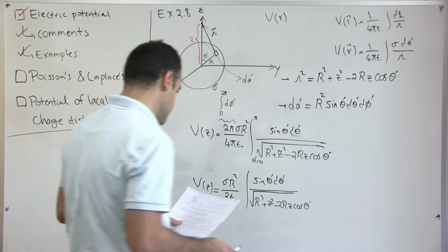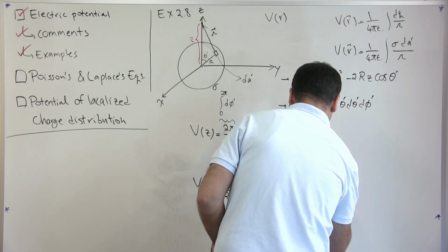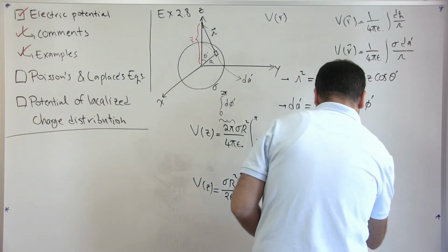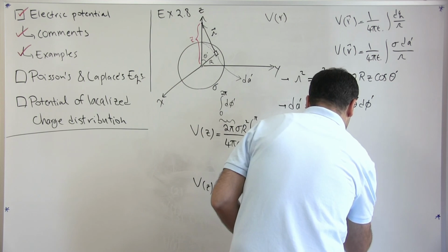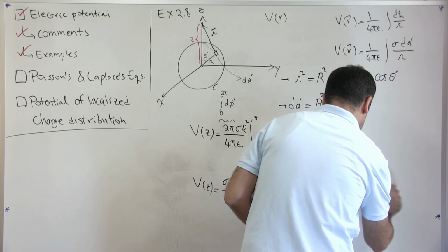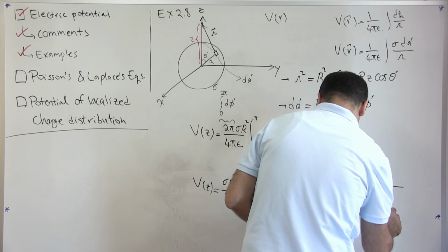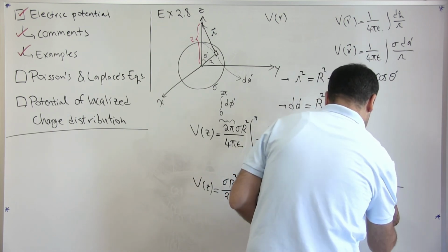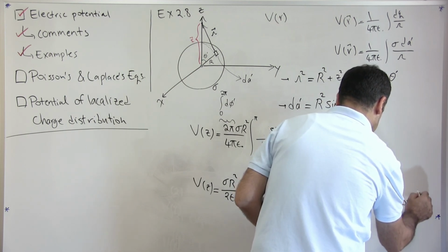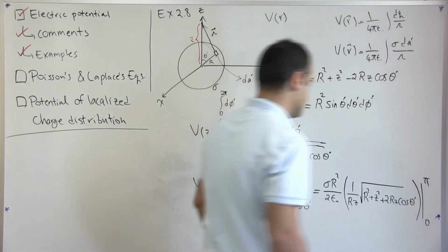And this integral becomes equal to sigma r squared over 2 epsilon 0 times 1 over rz times the square root of r squared plus z squared plus 2rz cos theta prime. And here the limit of theta is from 0 to pi.